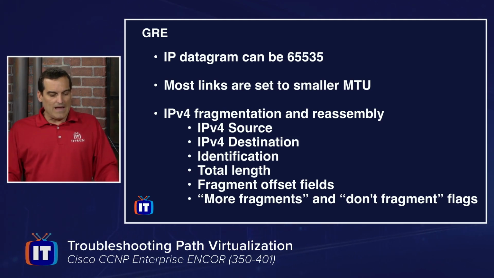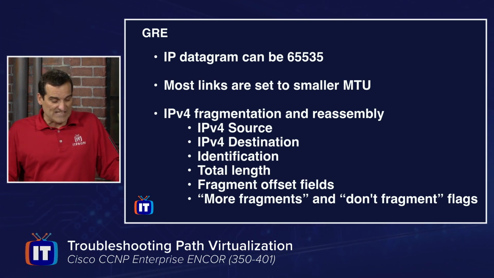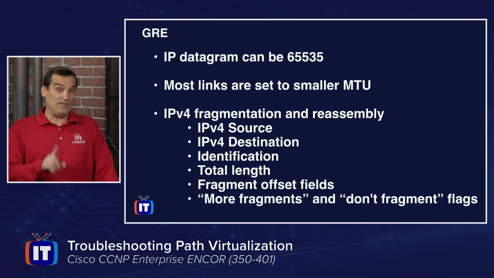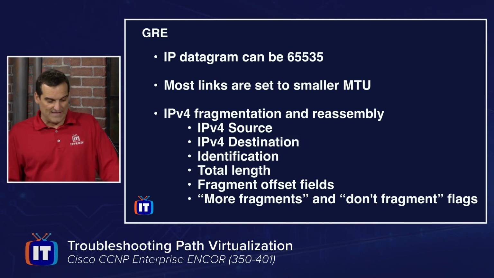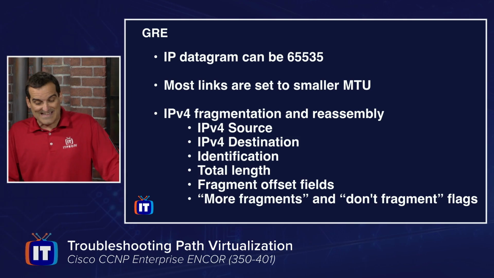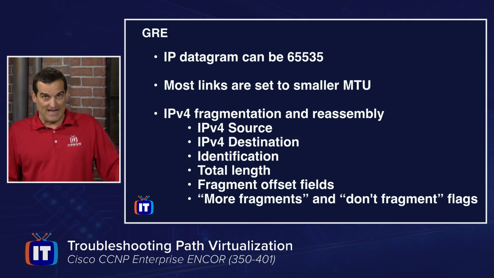Remember, IPv4 fragmentation and reassembly is made possible thanks to the v4 source and destination, an identification field in IPv4, the total length field, a fragment offset field, and that should be field singular, not fields. And then the more fragments and don't fragment flags.